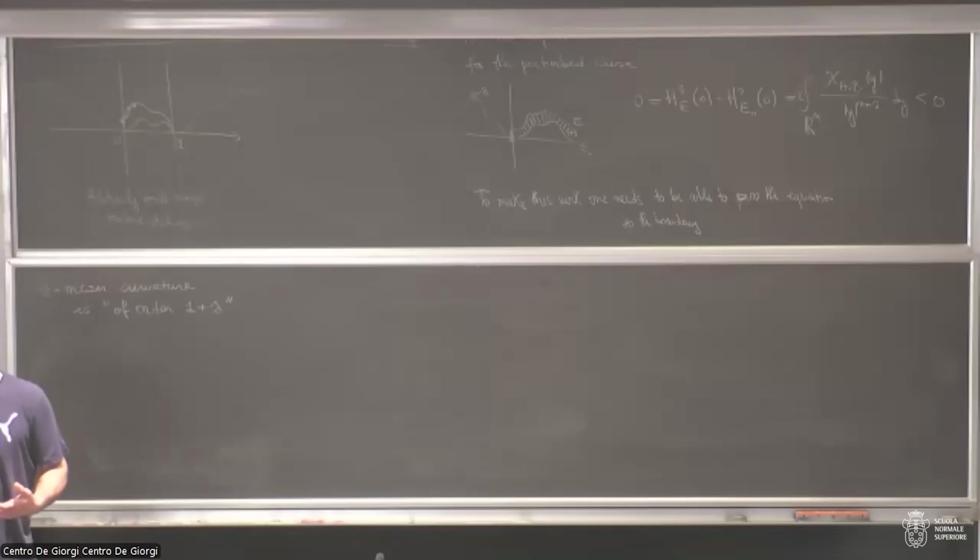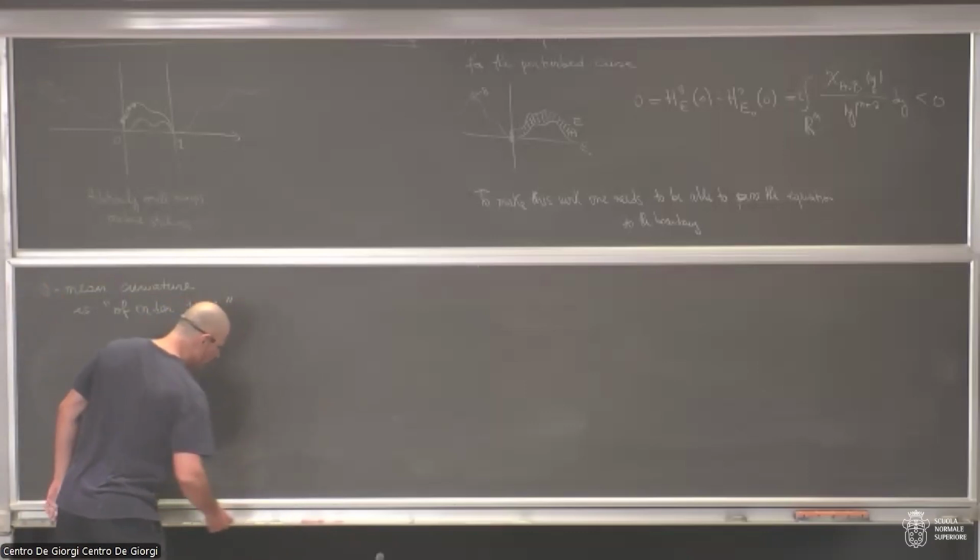So it's an order 2 object. This, if you write it in coordinates, you see that you have some kind of weighted averages of first derivatives, and if you count just the exponents, it is of order 1 plus s.